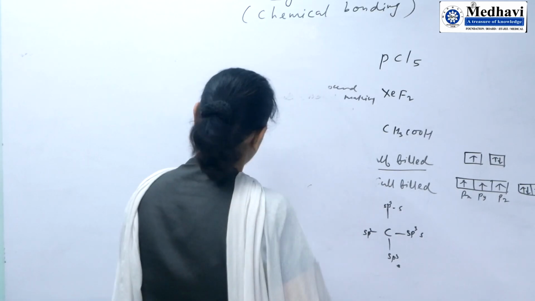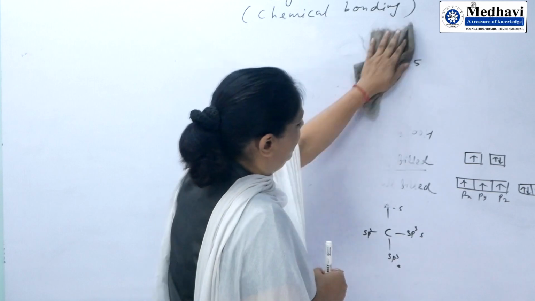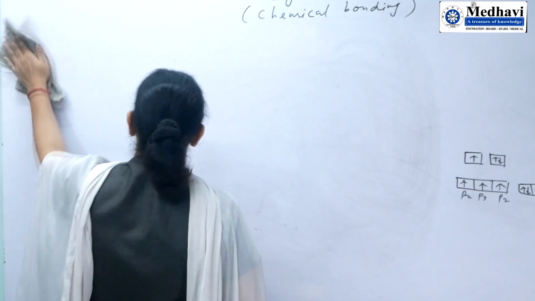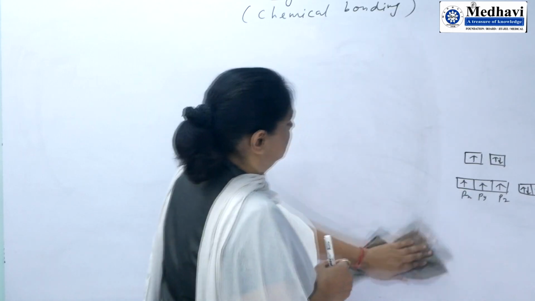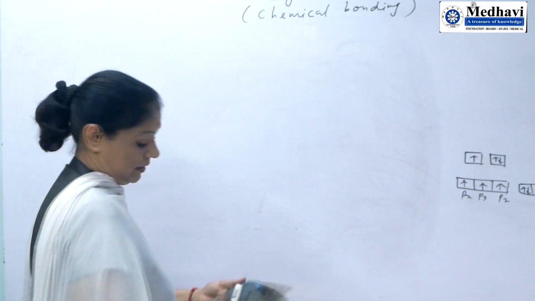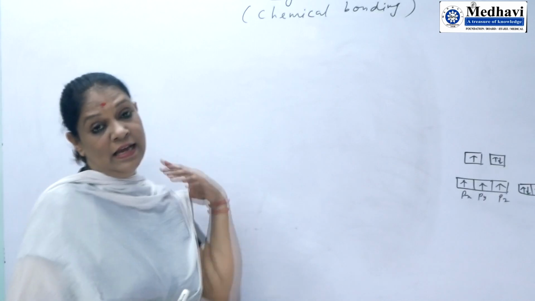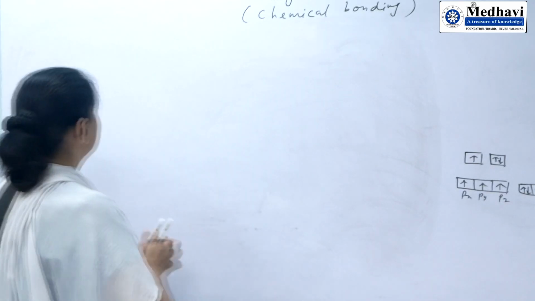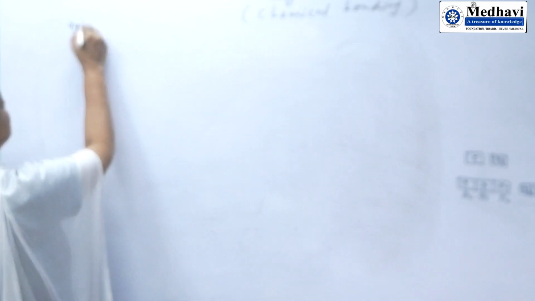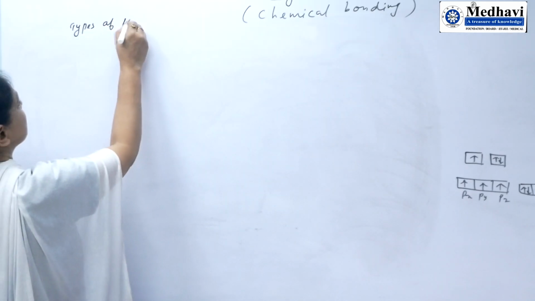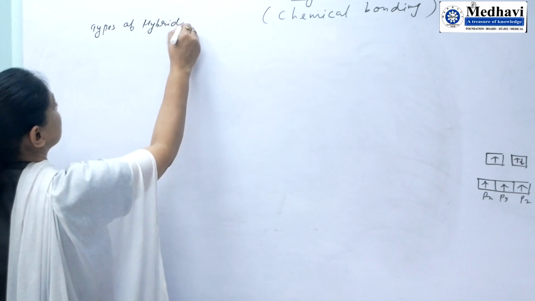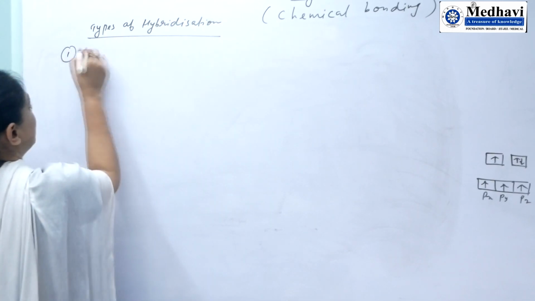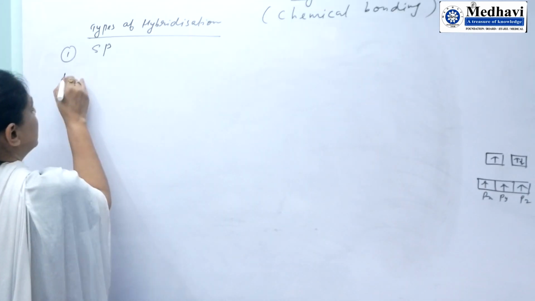There are 6 types of hybridization that we are going to use in the standard 11 and standard 12 chemistry books. First, very, very important, is sp hybridization.